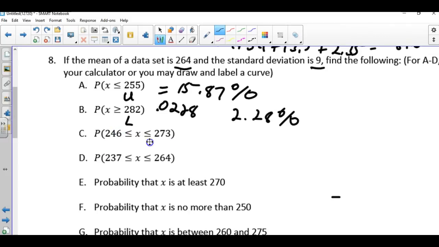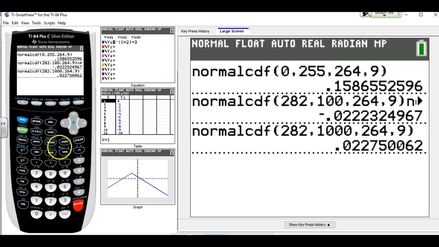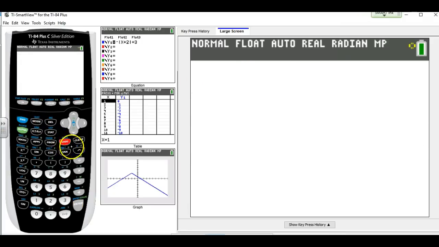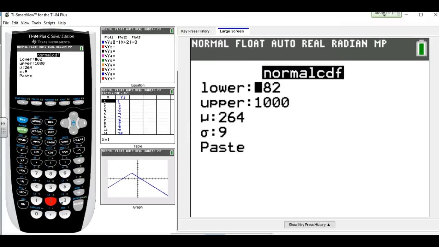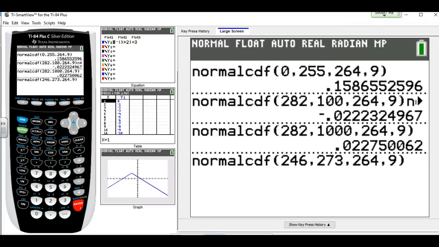Now this one, we already have the parameter. The lower bound is 246. X is between 246 and 273. So when I go normal CDF, my lower bound was 246, my upper bound is 273, and my mu and my standard deviation are the same thing.